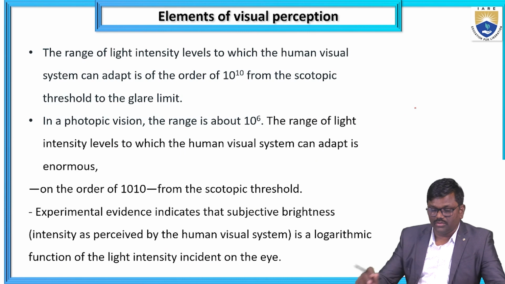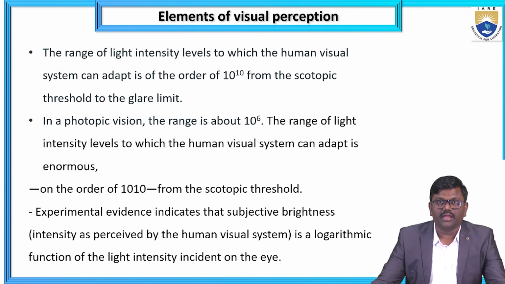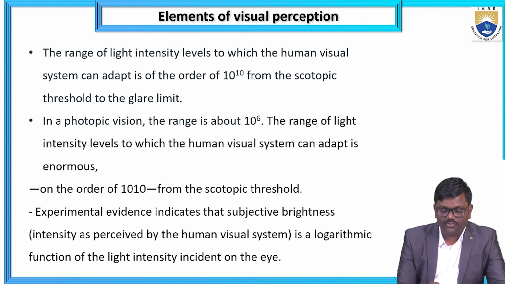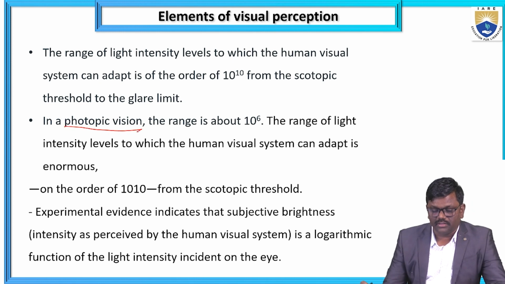Let us see here, the range of light intensity levels to which the human visual system can adapt is of the order of 10 to the power of 10, from the scotopic threshold to the glare limit. In photopic vision, the range is about 10 to the power of 6.